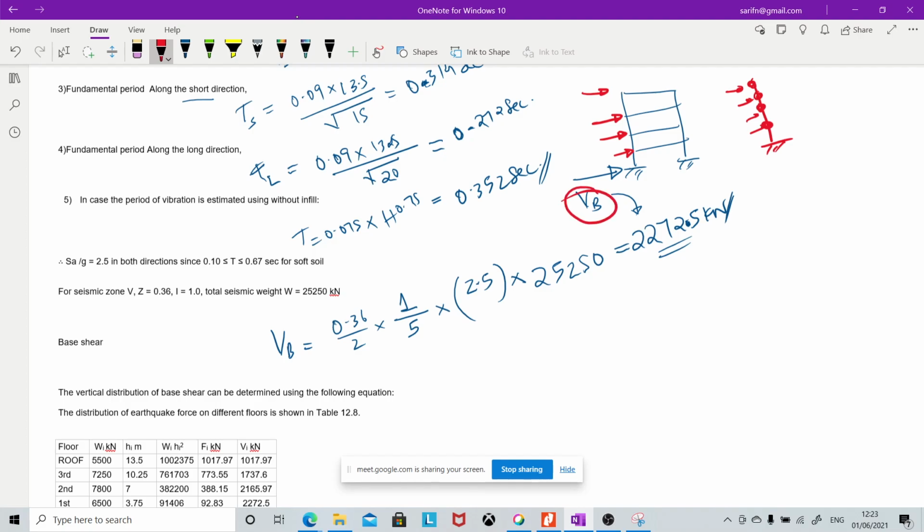Okay, and what is the formula using which we are going to distribute? We are going to distribute in such a way that Fi is equal to, it is given in the code.